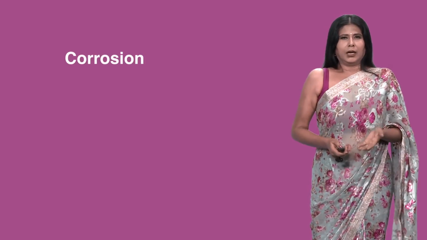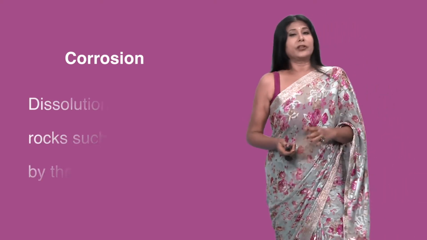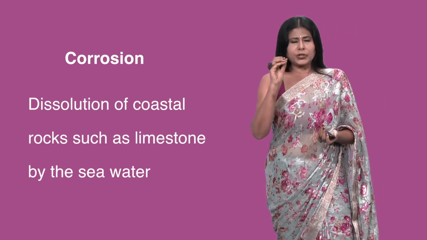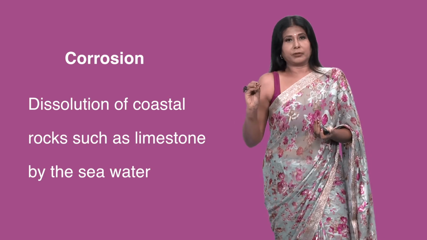The next point is, how does the sea water erode? There are 4 processes: attrition, corrosion, and hydraulic action. I'm going to start with corrosion, the one which is third. Solution is the other name for that.